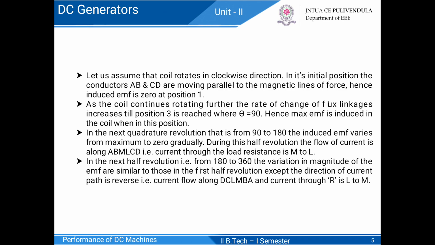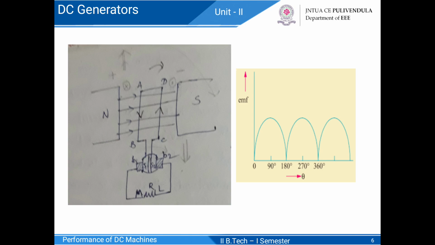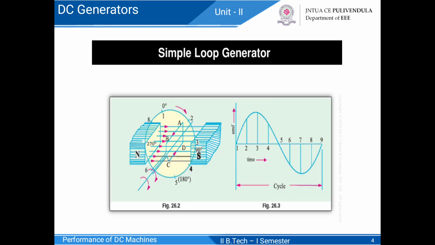See, therefore we find that the current which we obtain from such a simple loop generator reverses its direction after every half revolution. Okay, so such a current undergoing periodic reversals is known as alternating current, right?